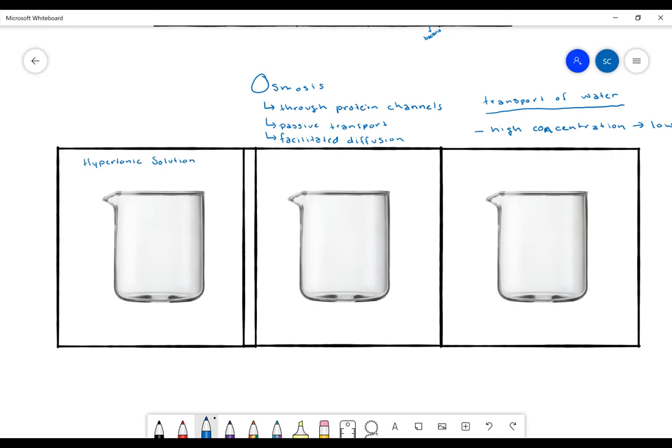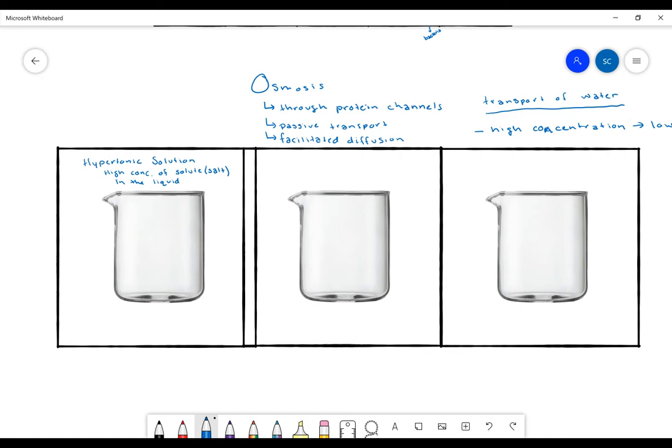Okay, hypertonic solution meaning that there is a high concentration of solute or salt in the liquid. Okay, that could be water, could be any liquid.